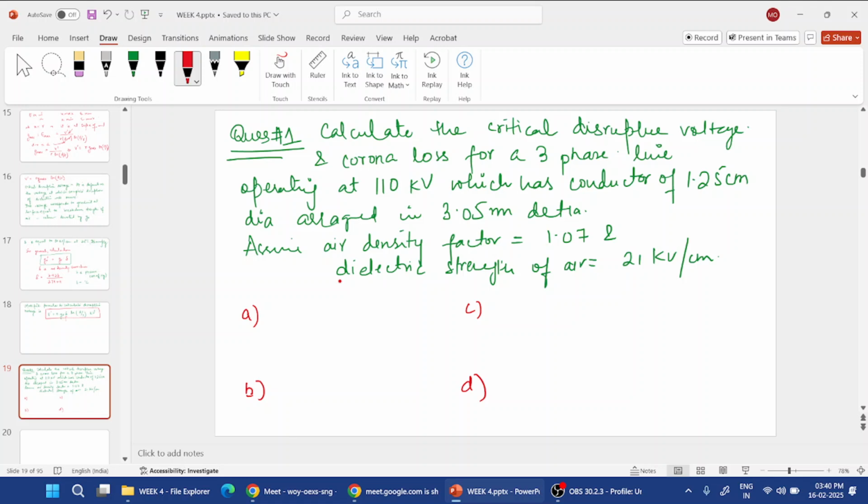We have to calculate the critical disruptive voltage and corona losses.